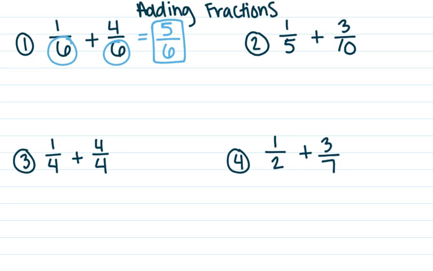To do that, I have to think about a common denominator, meaning what is a number I could multiply 5 by in order to make it equal 10? Well, I know that 5 times 2 equals 10. So I'm going to multiply 1/5 times 2, and when I do that, I get 2/10.